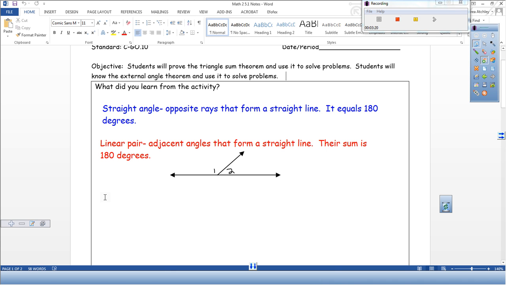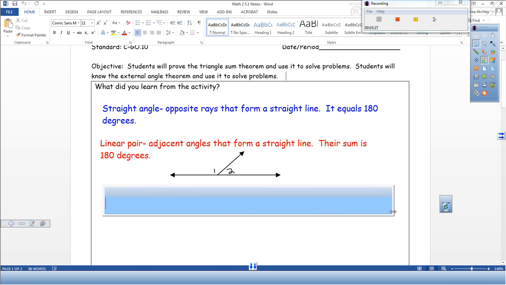Then we talked about supplementary angles. Or let's do two angles.